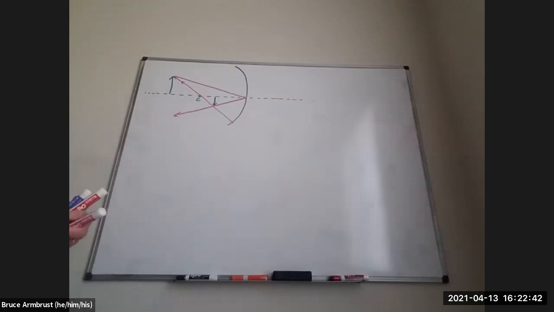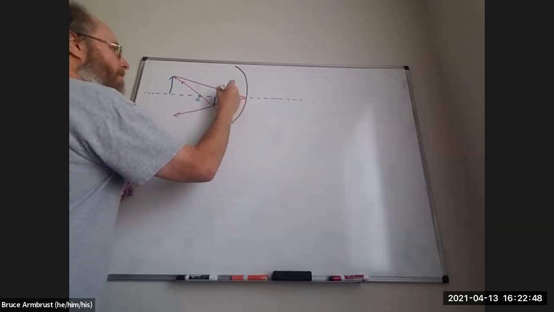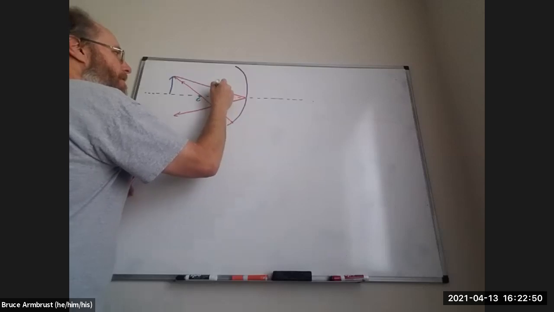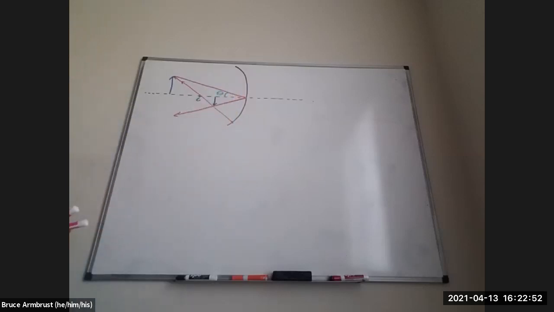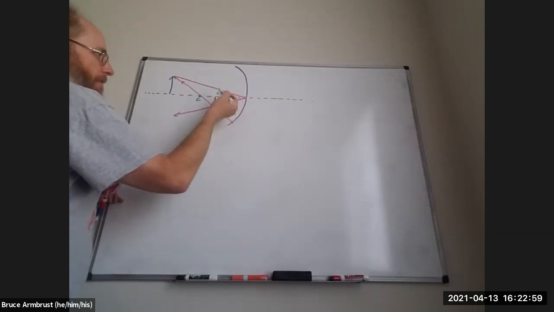So let me label some things so that we can reference them later. I'm going to label this angle as theta, which means I know that this reflected angle is also theta.